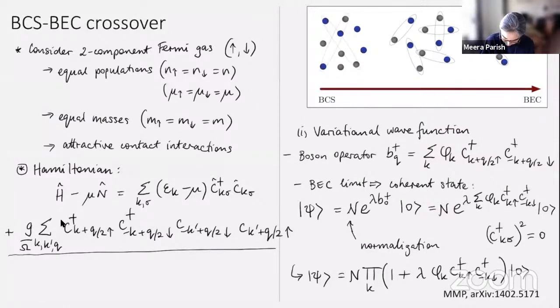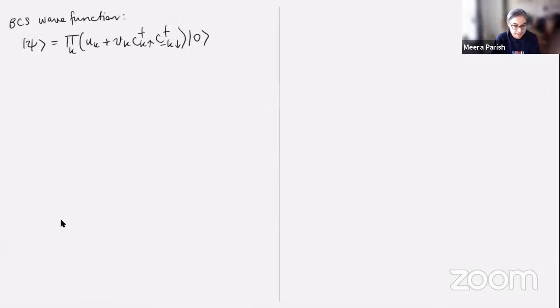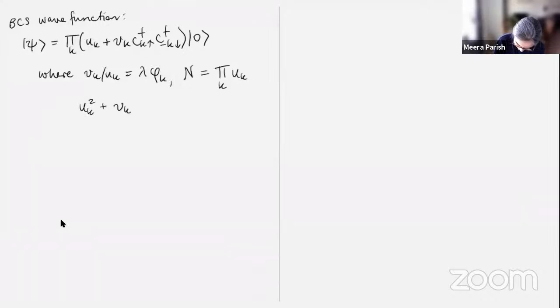Okay, so I have my BCS wave function where all I need to identify then is that VK over UK is related to this relative wave function here, and I've taken this normalization to be this. And in order for this wave function to be normalized, I also require this.